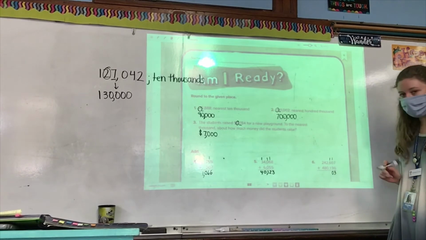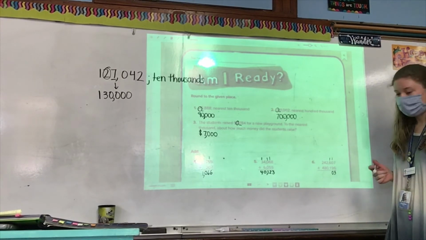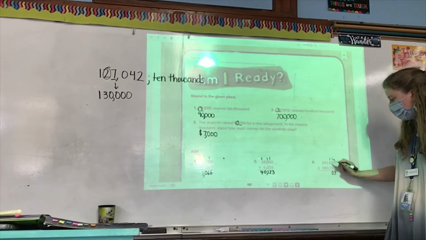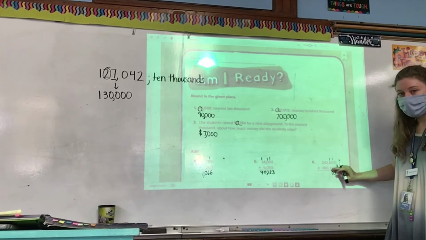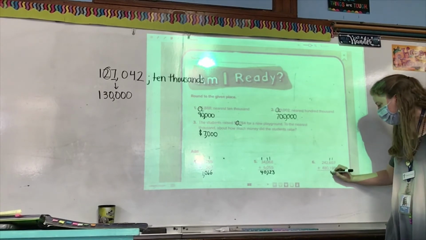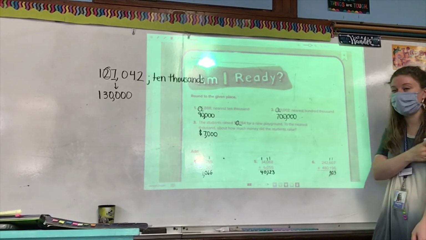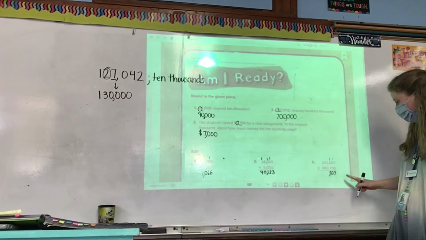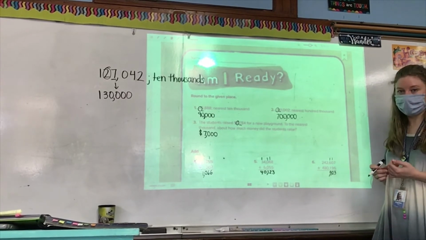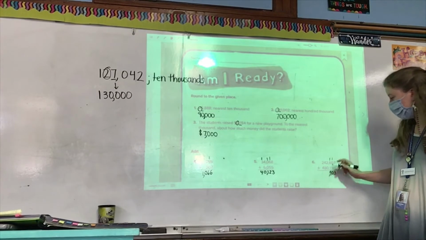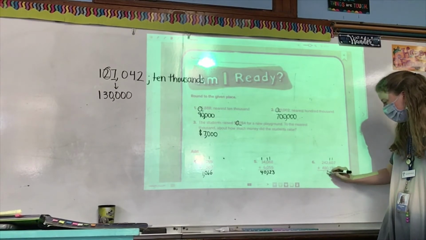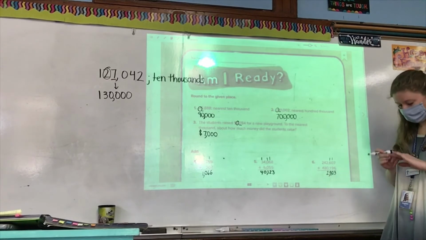Okay, step 3. Add the hundreds. 6 plus 1 is 7, plus our regrouped 1, 8. We can go ahead and bring down our comma because in addition and subtraction it will line up. Step 4. Add the thousands. 2 plus 0 is 2. Step 5.